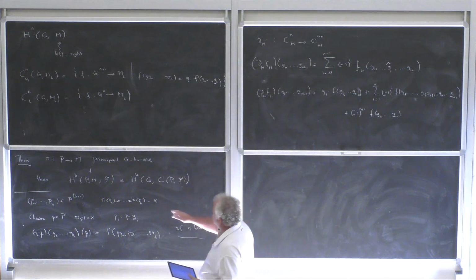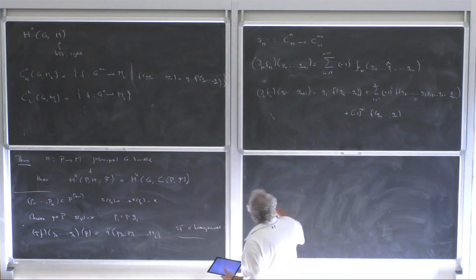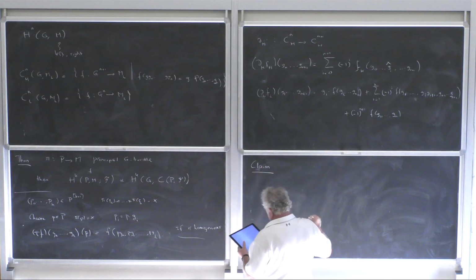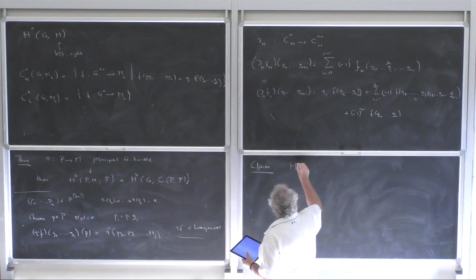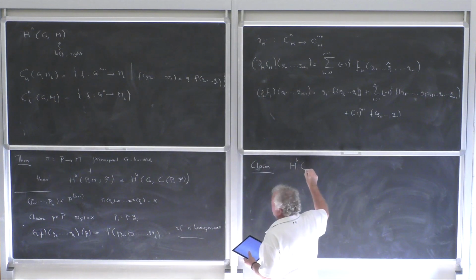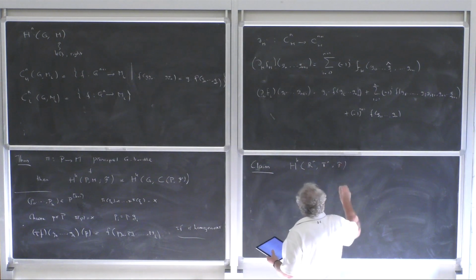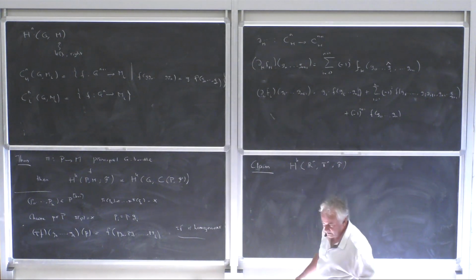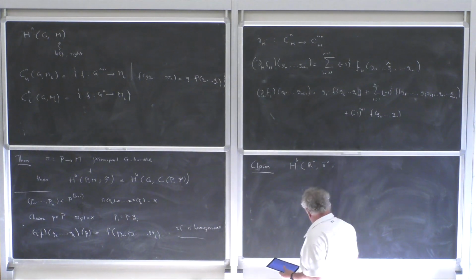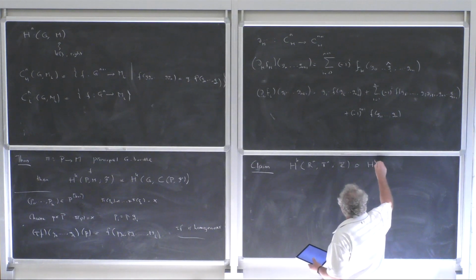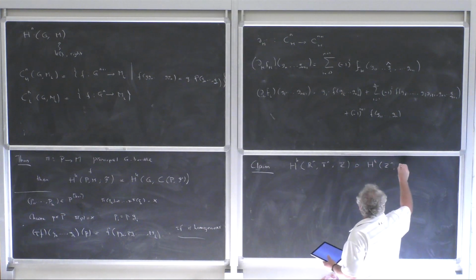Okay, so there's an isomorphism, and I claim, which I won't prove, that if you do this for the torus, or even the nilmanifold, so if you take submersion cohomology for the torus, and let me apply this to coefficients in Z, this is isomorphic to the group cohomology of Z^n.